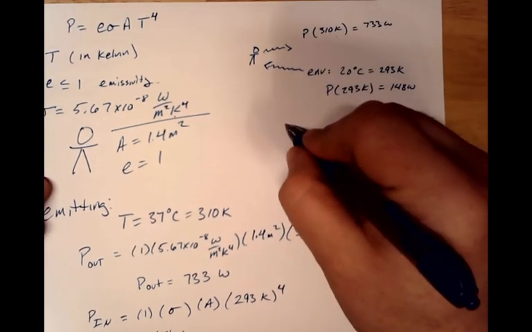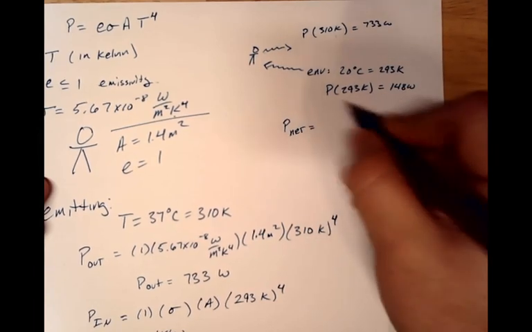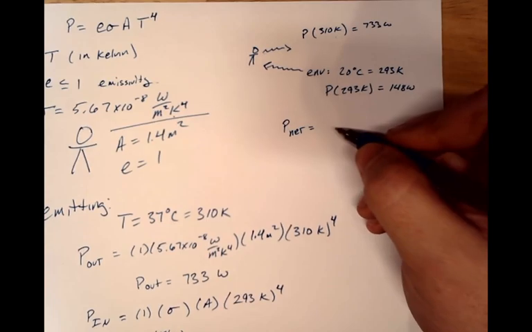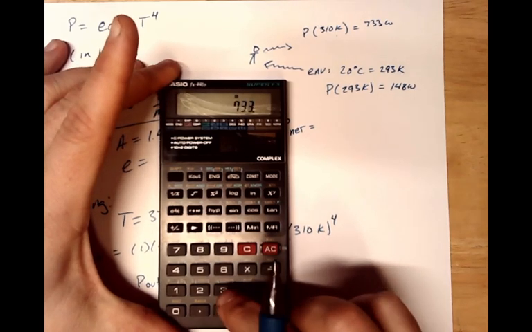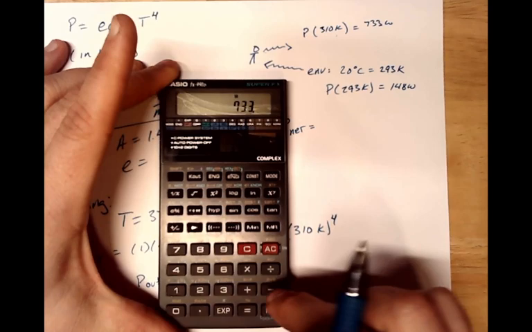So this lets us get the net power, which is the difference. And I didn't actually calculate that. So 733 minus 148.